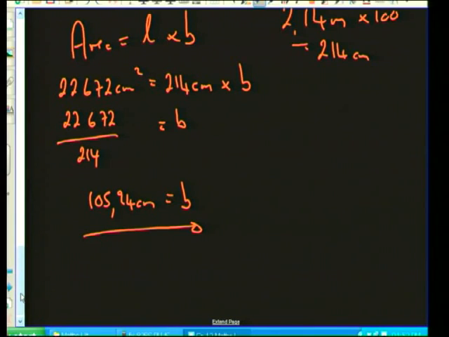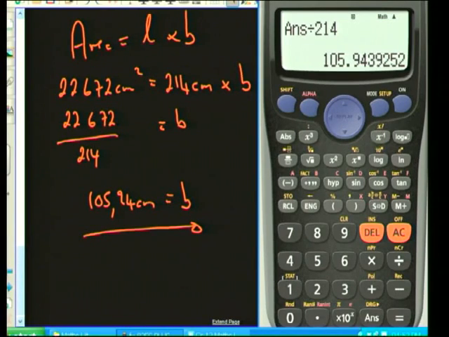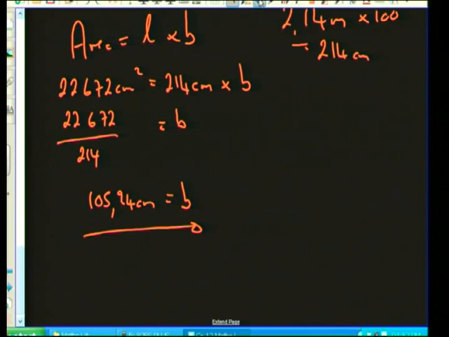So I have this horrible number of 105,9439, dividing it now by 100, and I'm going to get an answer of 1,06 meters. So my breadth is actually 1,06 meters if I'm rounding it to 2 decimal places.